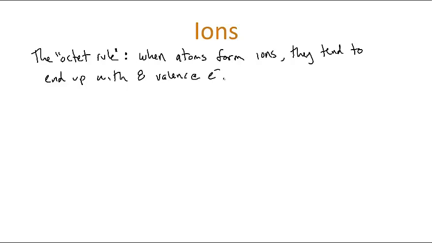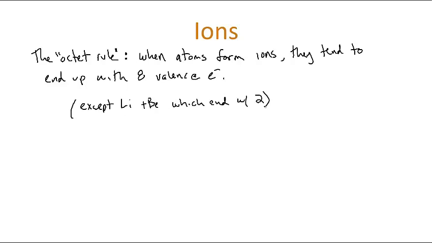The exceptions to this are Li and Be, which end with 2. Also, the exceptions are the transition metals in the middle, but we're not going to discuss that. So the octet rule: when atoms form ions, they tend to end up with 8 valence electrons. We call that the octet rule.